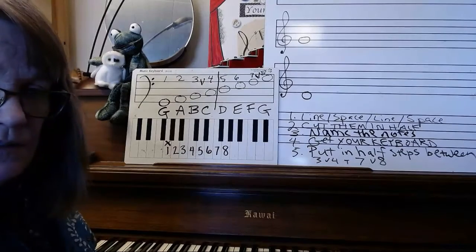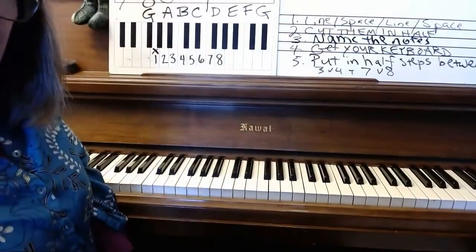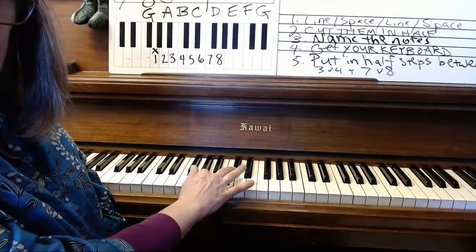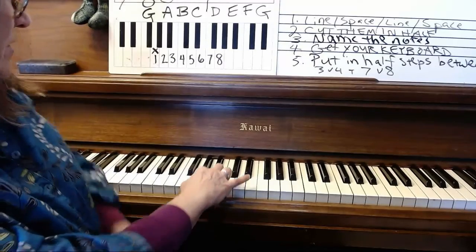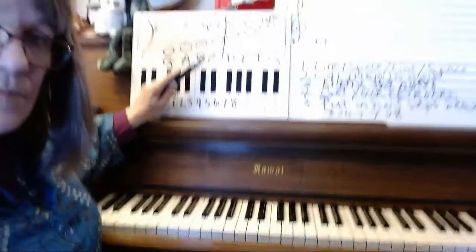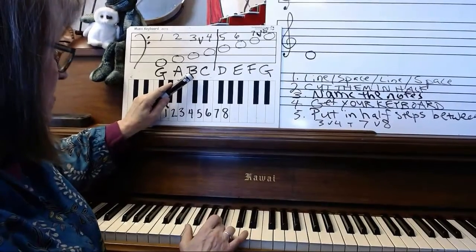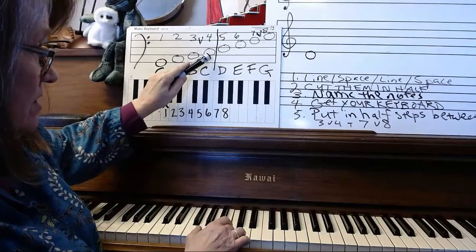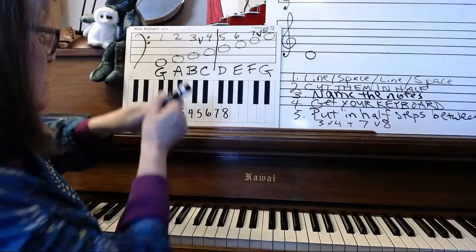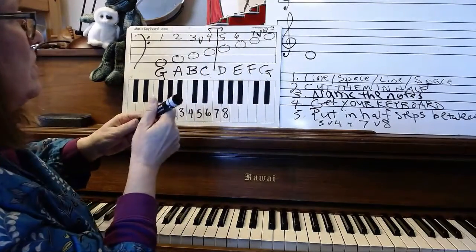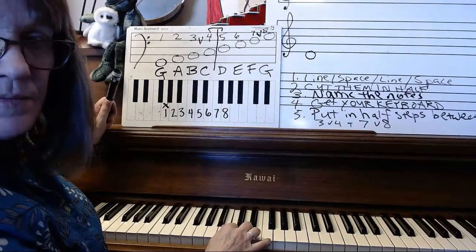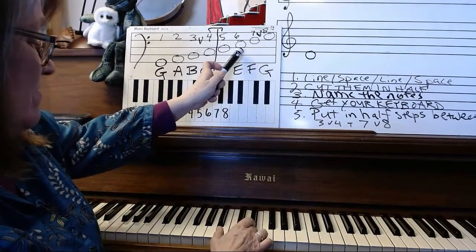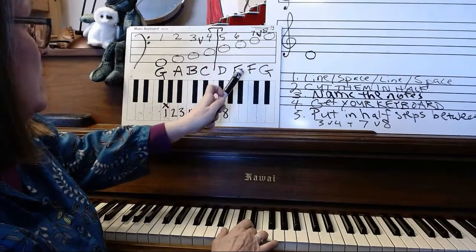So here's G. Whole step above G, A, whole step above A, B, half step above B, C, whole step above C, D, whole step above D, E, whole step above E.